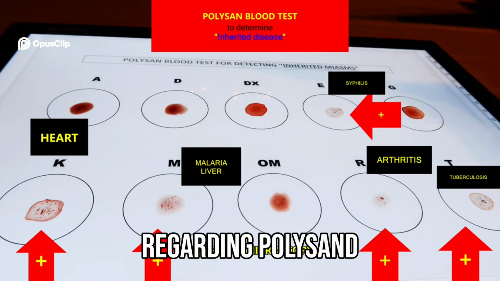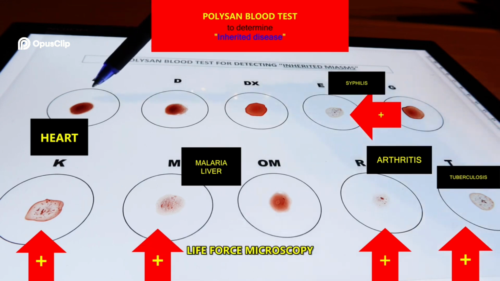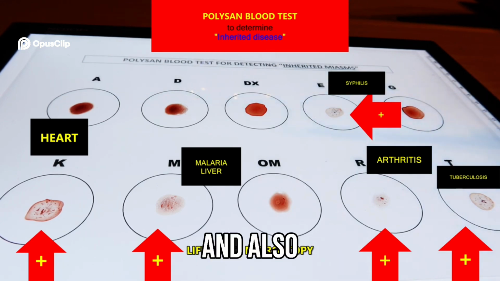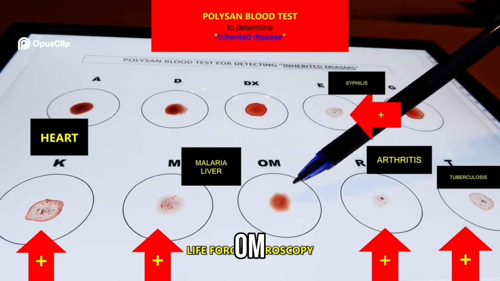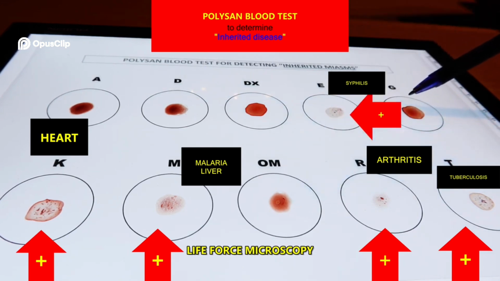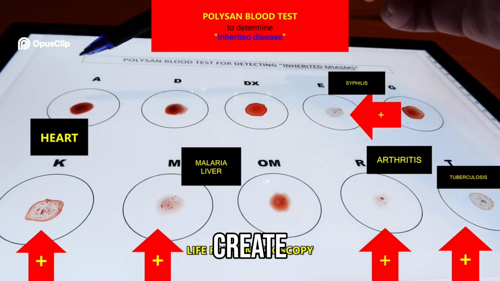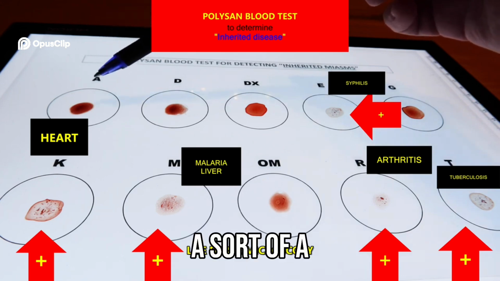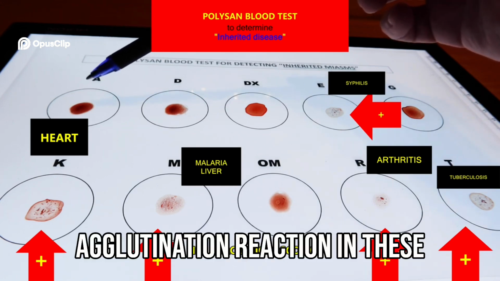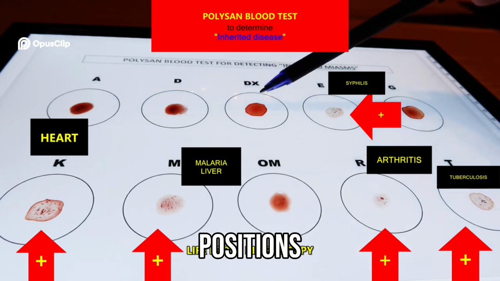Regarding Polysan A, D, or DX, and also OM and G, we don't see a positive reaction. The blood doesn't seem to create a sort of agglutination reaction in these positions.